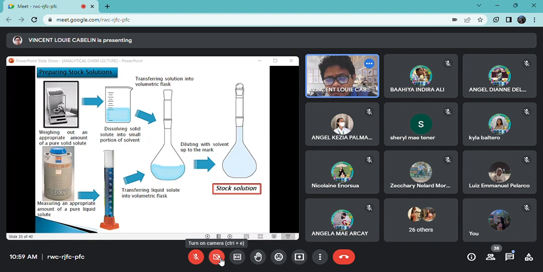So, halimbawa, meron kang 1 liter of water, isang litro pack, dinissolve mo, pwede mong sabihin na yan yung stock solution mo. Pag naglagay ka pa sa baso, tapos nilagyan mo ng ice ang baso, you are trying now to dilute it further. Okay? Okay. Question?